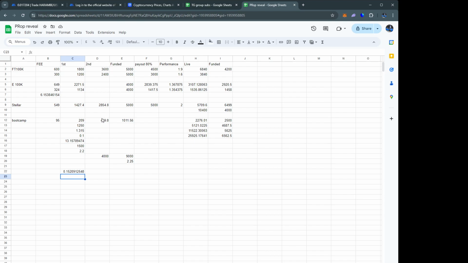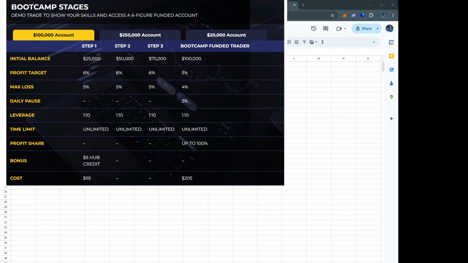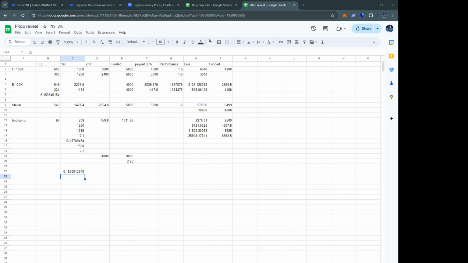Now, in order to pass to the second step, as they call it, we must achieve the same 2.2 multiplication of the initial account, meaning that in the live account we must reach $459.8.